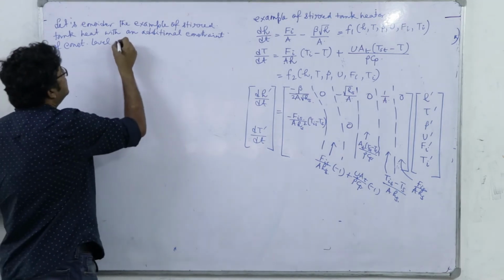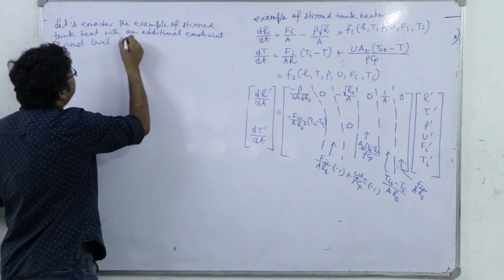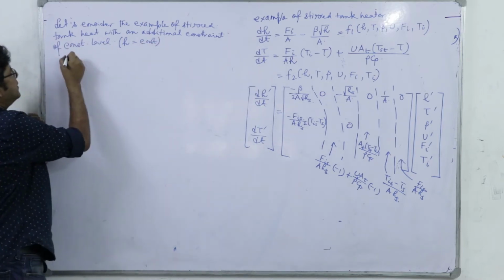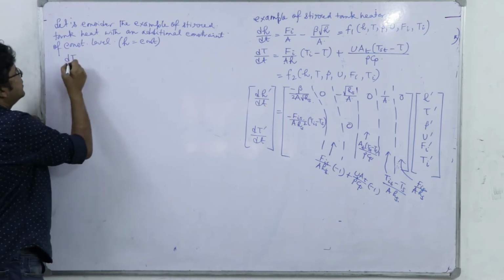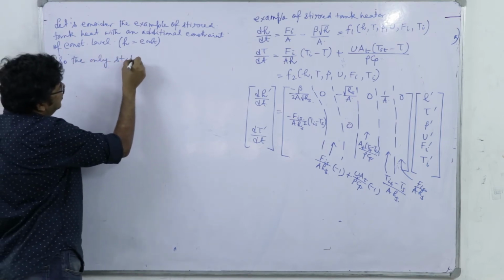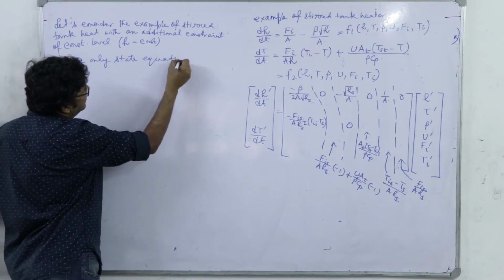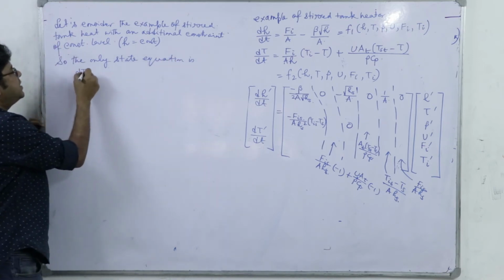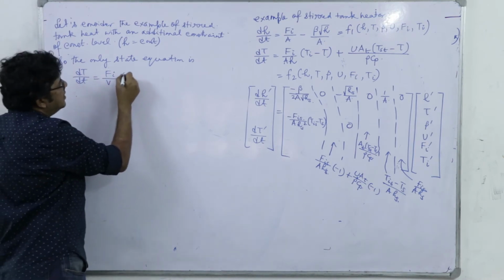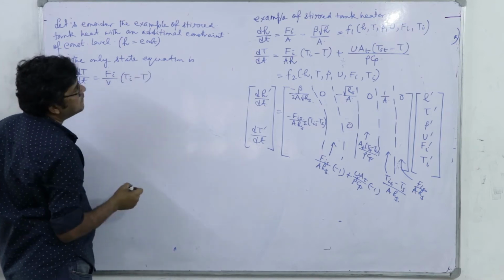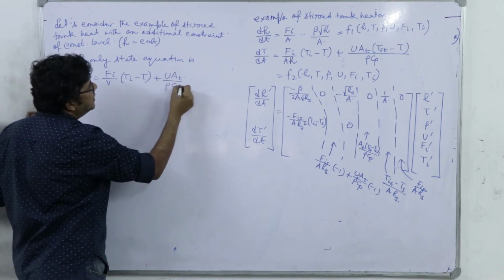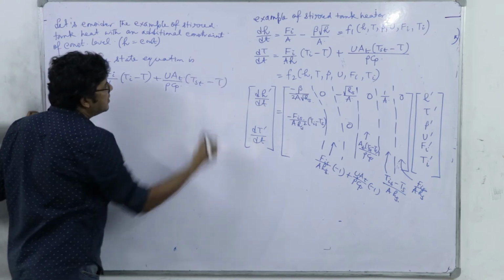So, H is constant. So, the first equation becomes null and void. The second equation, so the only state equation we have is dT dt equal to Fi by V into Ti minus T, right, plus U into At divided by rho Cp into Tst minus T.